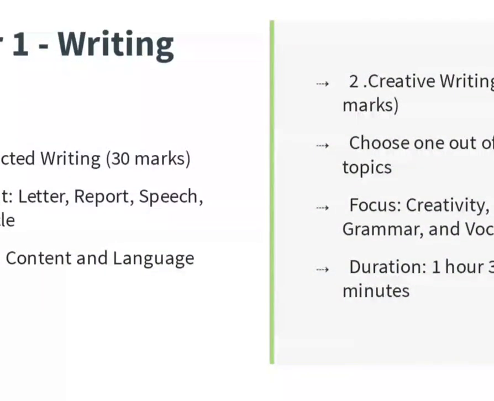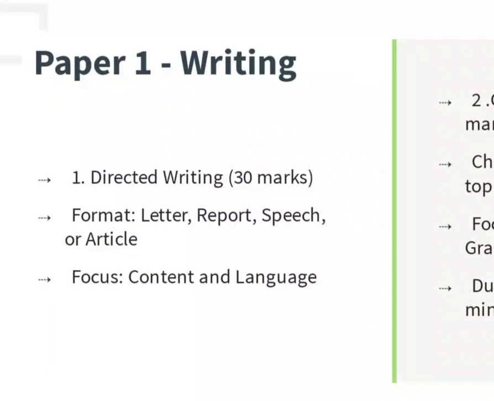First of all, we'll be talking about the papers. The first paper is of writing, that is called Paper 1. In Paper 1, which is named Directed Writing, the first portion is of Directed Writing.